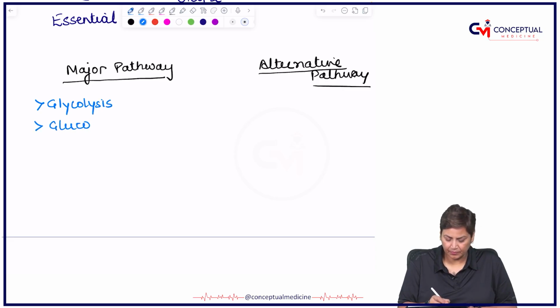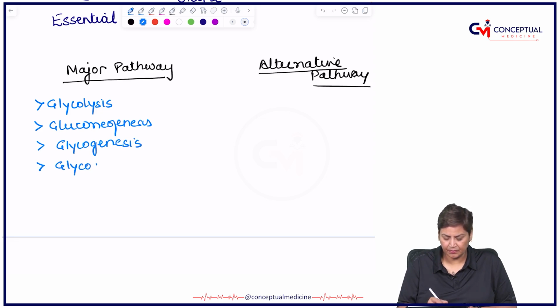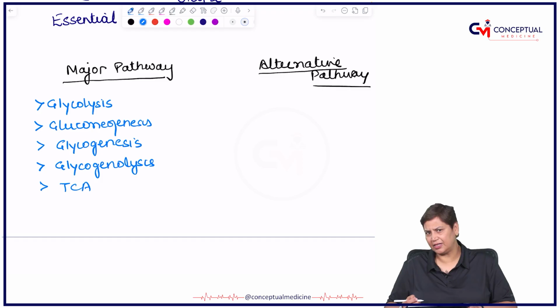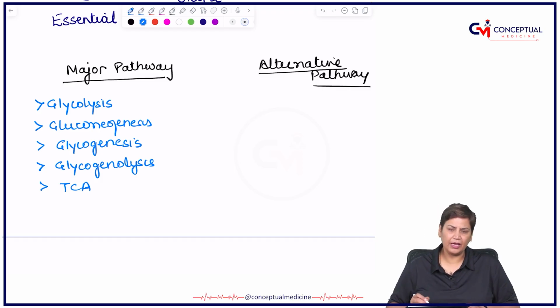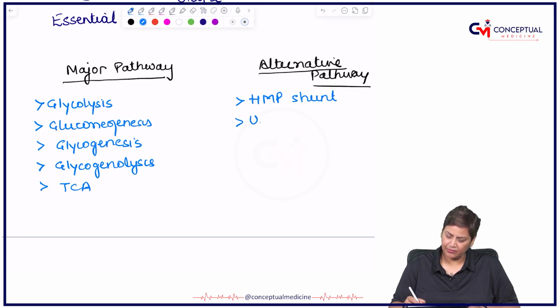Gluconeogenesis, glycogenesis, glycogenolysis, right? Then you can say TCA. TCA is major, or you can say it is amphibolic also. Okay, these are the major pathways. And if we talk about the alternative ones, HMP shunt, we will always write it as shunt only, and the uronic acid pathway.